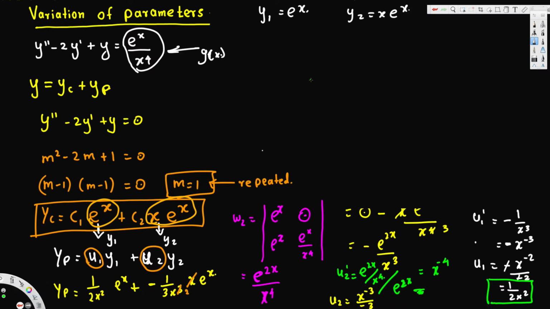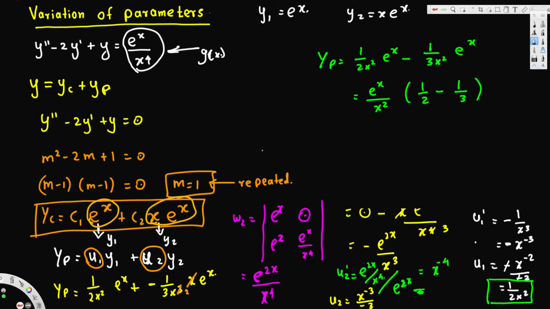Okay, yp is equal to 1 over 2x square e power x minus 1 over 3x square e power x. Here you can see x square and e power x are common for both, so we can take it as common. This is going to be e power x divided by x square. If I take that one common, this is going to be 1 over 2 minus 1 over 3.